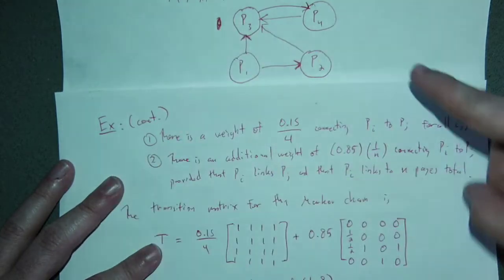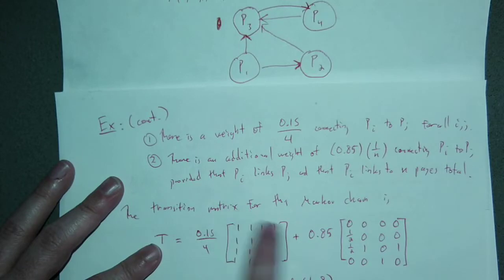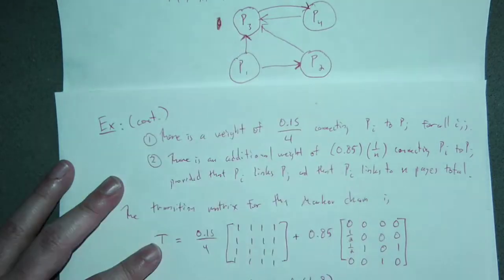Next, I have a link from page 2, and that's the only outbound link page 2 has, so it's 1/1, or 1 here. Page 3 doesn't link to itself, so that's a 0. And page 4 links to page 3, and it's the only page it links to, so again, a 1 here.